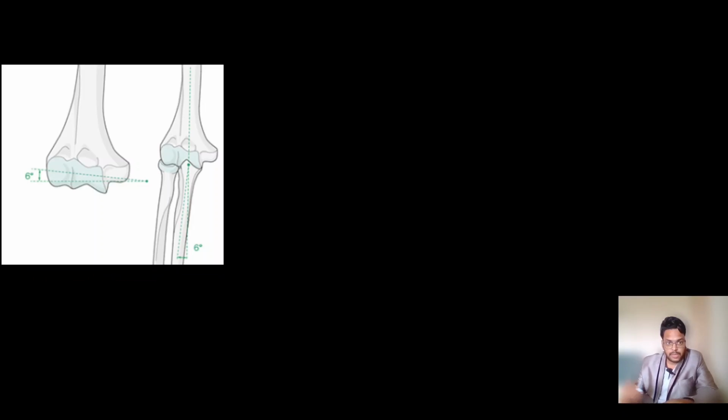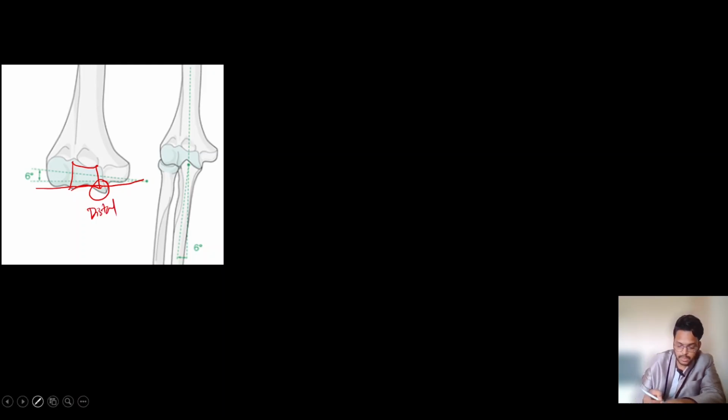And coming to, as I have told you, this is the trochlea. Okay, the trochlea again has the medial most part and the lateral most part. As you can see, if you draw a horizontal line, the medial most part of the trochlea is more distal. Okay, so when it forms an articulation with the ulna, it will not be in a straight line, it will be a little deviated towards the lateral aspect.